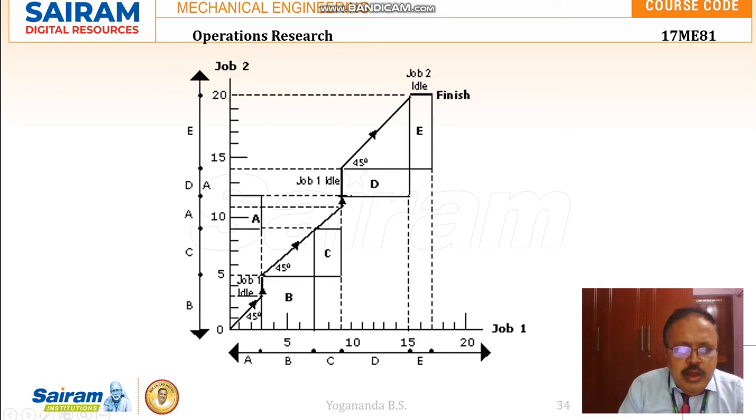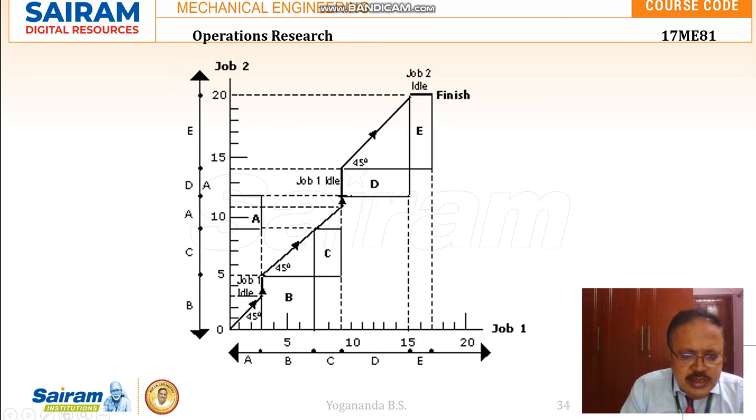Now, on the x-axis, job 1 is occupied on machine A here. On the y-axis, job 2 is occupied here. So block that particular part. This particular part is reserved for machine A. Similarly, on the x-axis B is here, on the y-axis B is here.